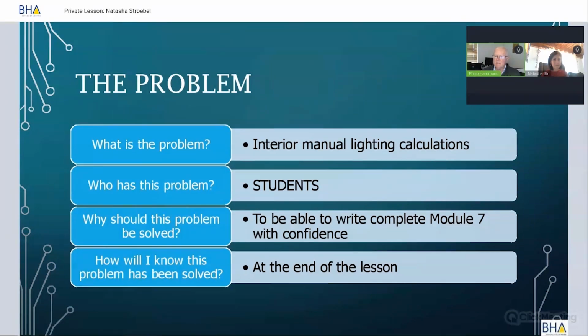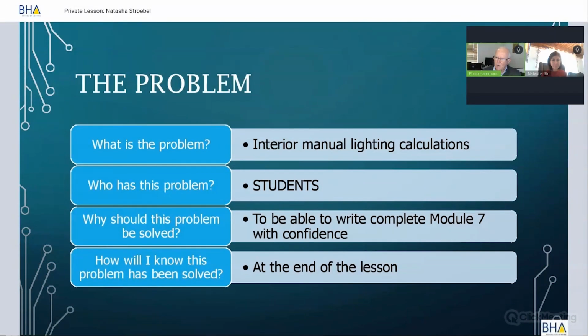Now, many people say to me, with technology today and software, why do we need manual lighting calculations? What happens the day that you have no power? For whatever reason, load shedding or other, something we have been used to and we've kind of forgotten about in recent times.